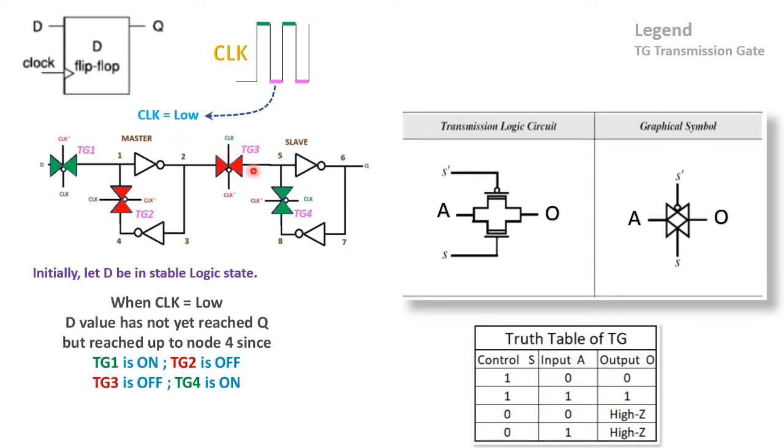And in this scenario, clock equal to low will block the movement of the input signal. So the data at 2 will not reach 5.